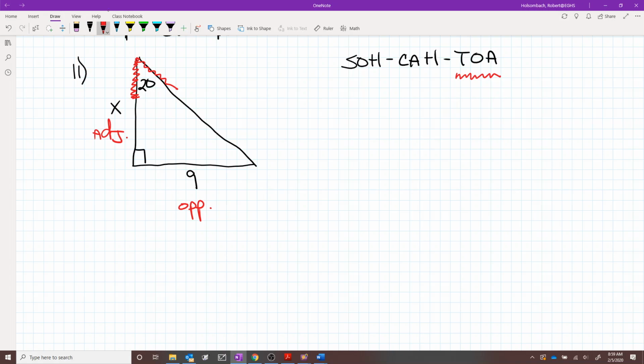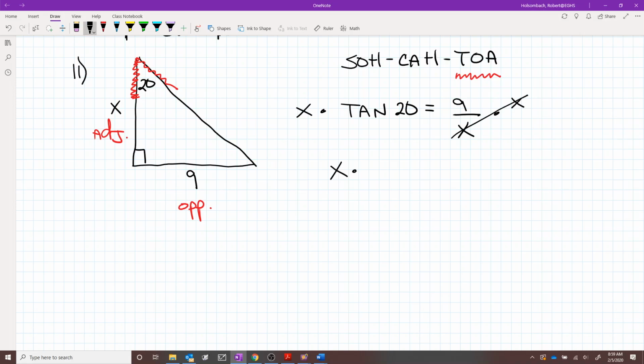So our equation is tangent of 20 equals the opposite side over the adjacent side. Going to multiply both sides by x. These x's cancel.